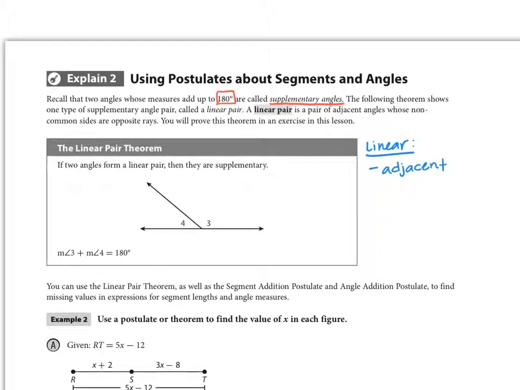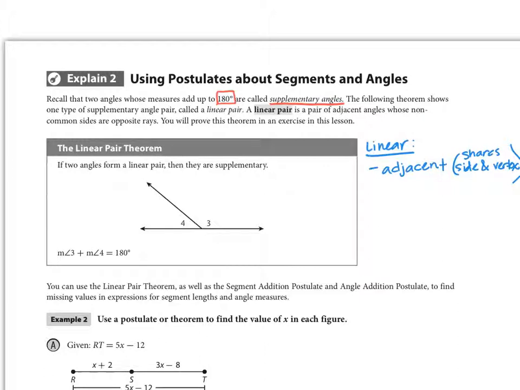Adjacent means that it shares a side and vertex. I'll mention what it looks like in the picture. Okay, so shares side and vertex.